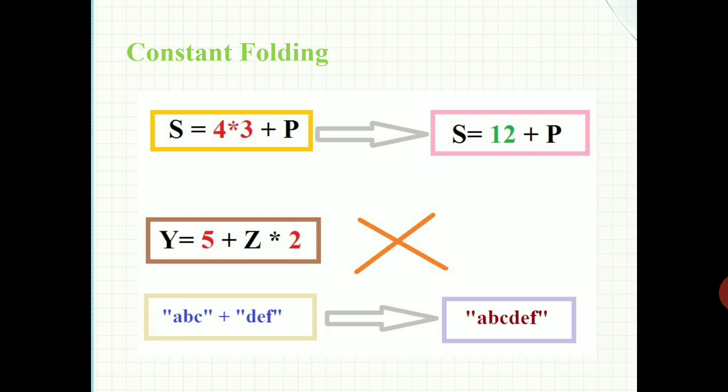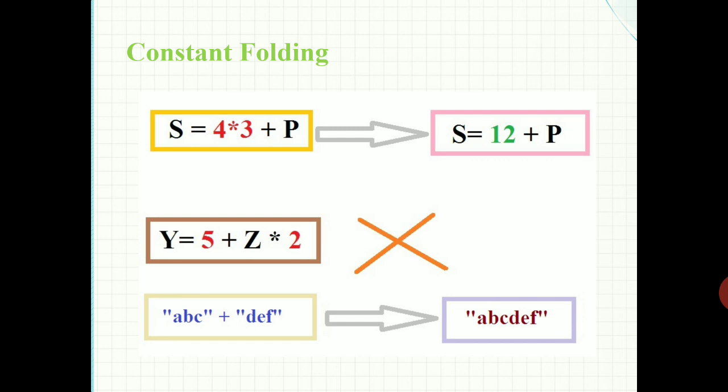Here you can see the second expression, y equals 5 plus z star 2. According to our rules, we give more priority to multiplication rather than addition, so we perform z into 2 first, then that result is added to 5. We can't perform constant folding on the multiplication or the addition because the operands in the expression are not constant.